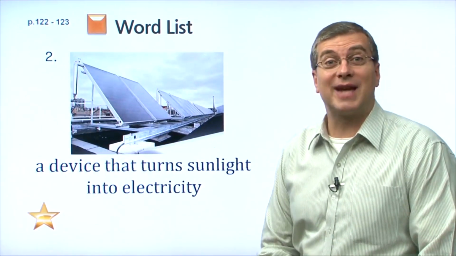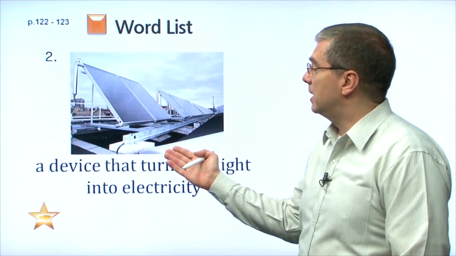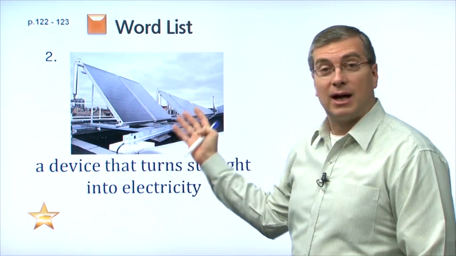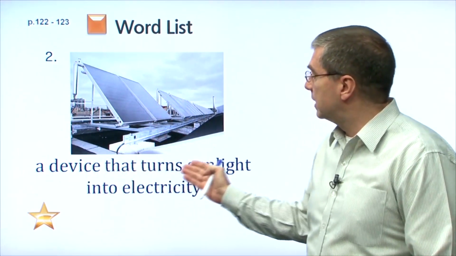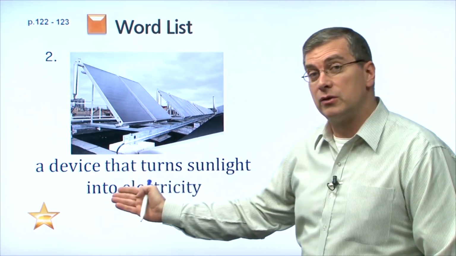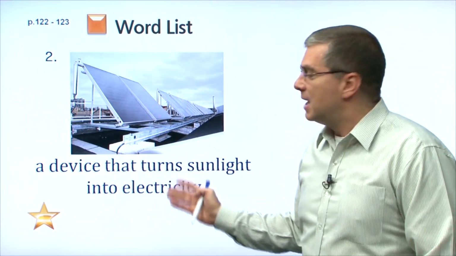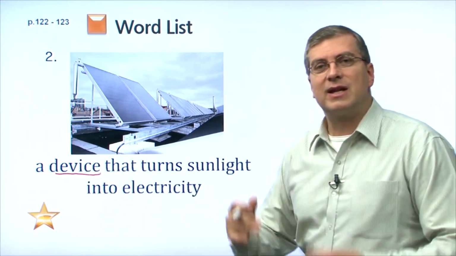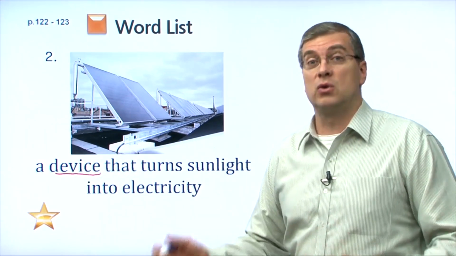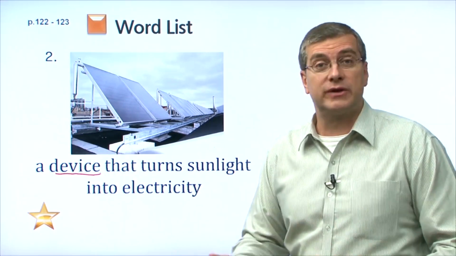Let's look at our second word. Our second word is about this device here. We can see it's a device that turns sunlight into electricity. A device is a machine or a tool that you use to do something.